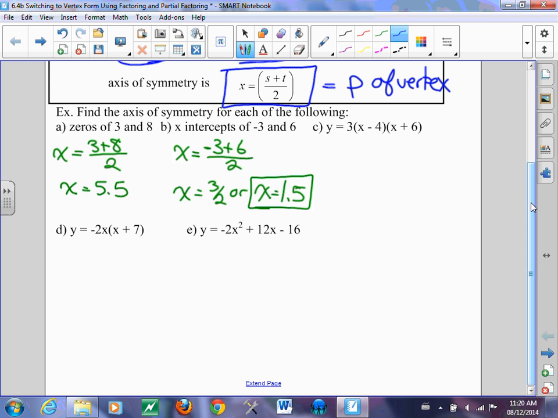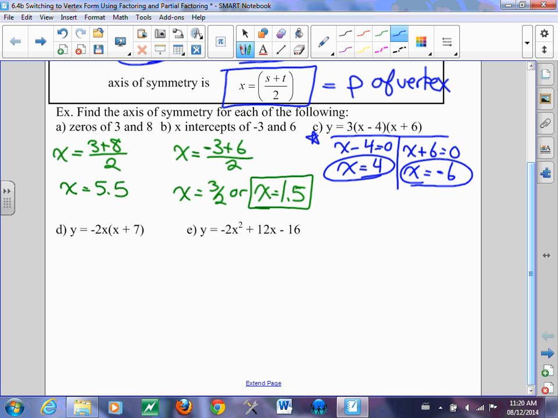C is a different example. We don't have things solved, but we do have things factored. If x minus 4 equals 0, we can solve for x, so x equals 4. That's one solution. The other one is x plus 6 equals 0. Move the positive 6 over to solve, and you've got x equals negative 6.